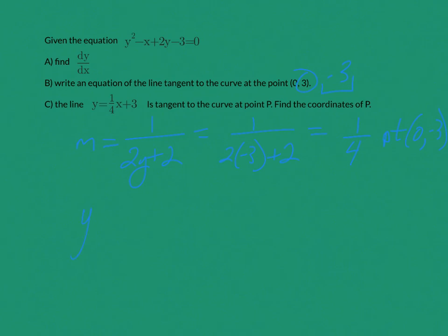Now it becomes y minus -3 is 1/4 times x minus 0. So in fact it was really close to this second equation here for some reason, but this becomes 1/4, and then we move this over -3. That's what we should have had after we made our adjustment for part B.